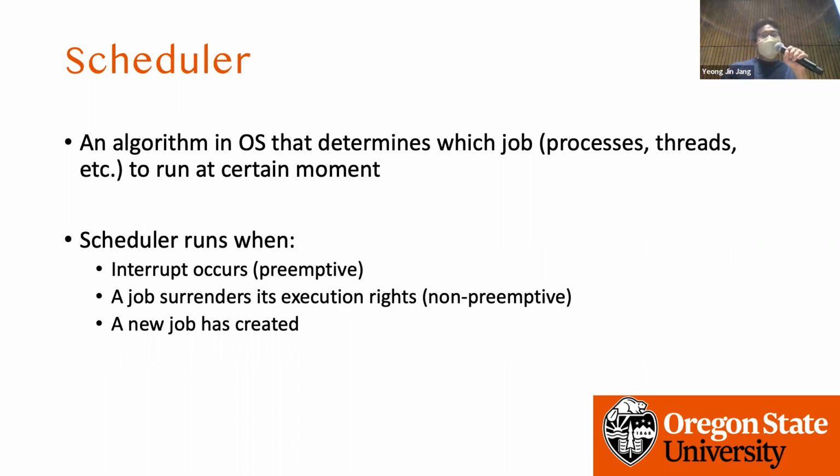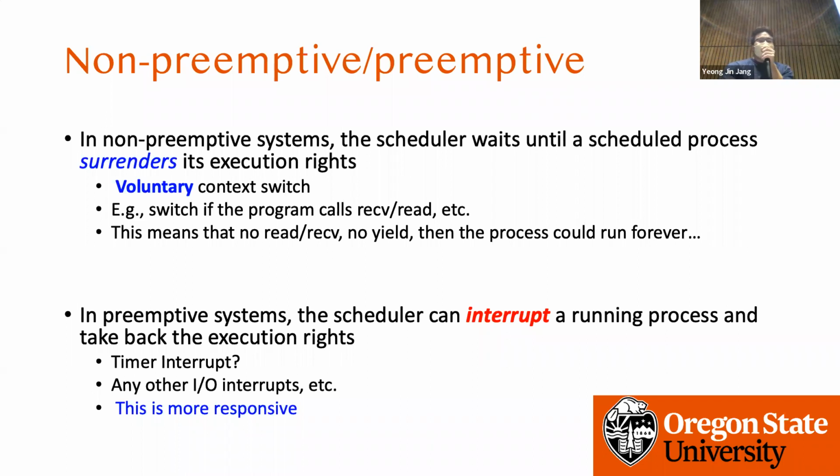In the non-preemptive style, whenever a user process makes a system call or a sys yield, the operating system can intervene and switch the process. So in non-preemptive systems, what's important is that there's no method for preemptively getting the execution back to the kernel. It relies on voluntary context switches. So the user program will decide when to switch to another.